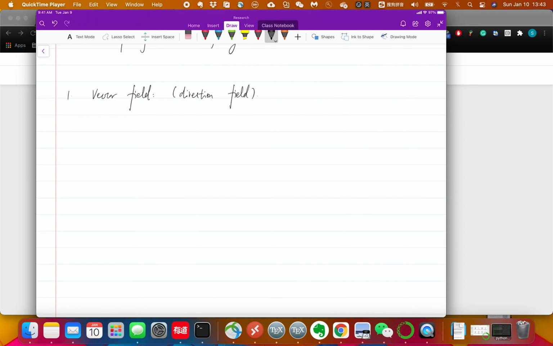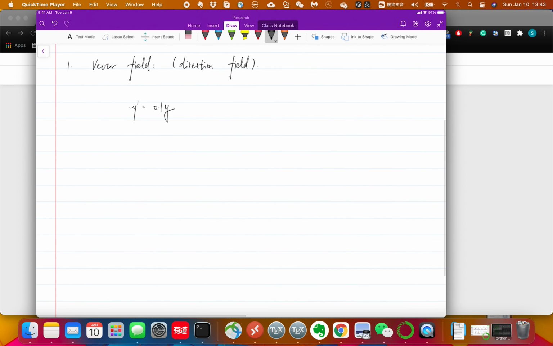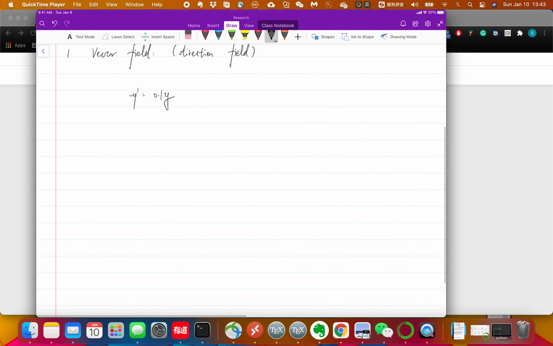y prime equals 0.1y. So what you have here is the relationship between your y and your y prime. That is, if you plug in a t and y in your equation, you can compute y prime using this function.